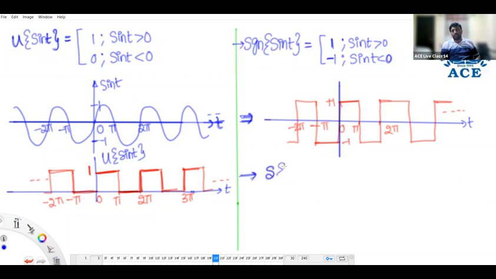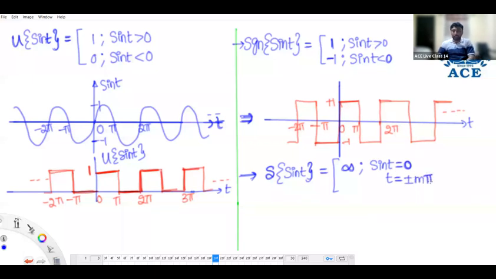Think of del of sin t in a similar way, in comparison with the impulse definition. We know del t is infinity for t equals 0. That means sin t equals 0. What is the general solution of sin t equals 0?